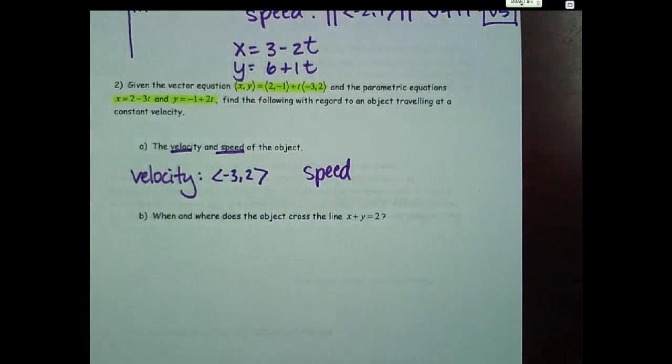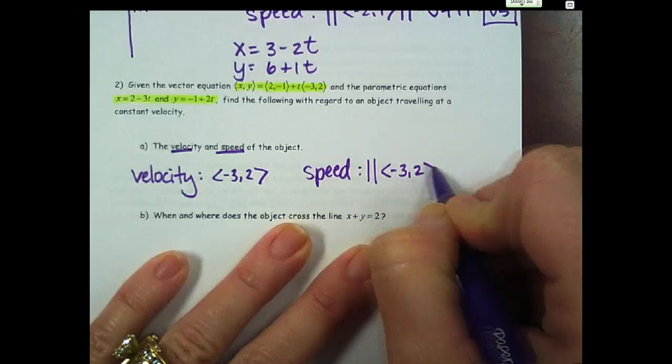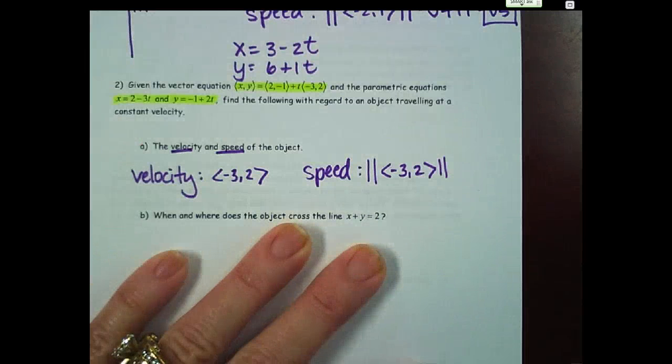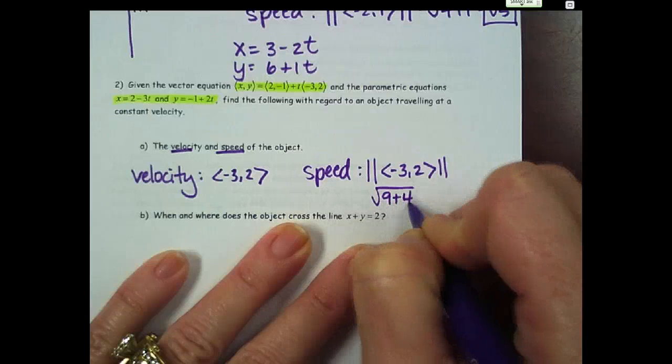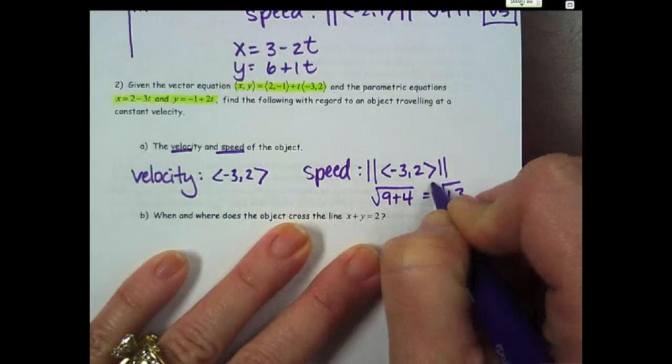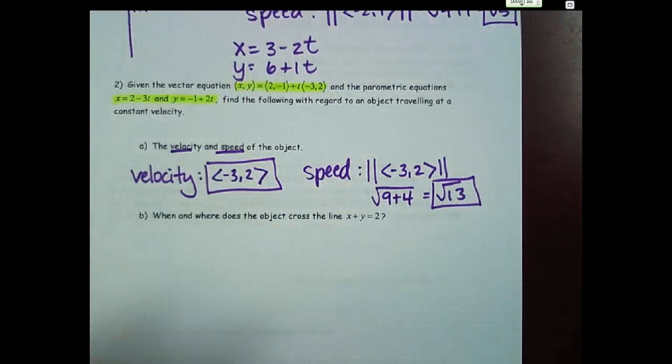Well, at what speed? To find that, we find the magnitude. Remember, negative 3, 2. Which is just going to give us the square root of 9 plus 4. So the square root of 13 is the speed. Be sure to write velocity equals, speed equals. That way you know the difference.